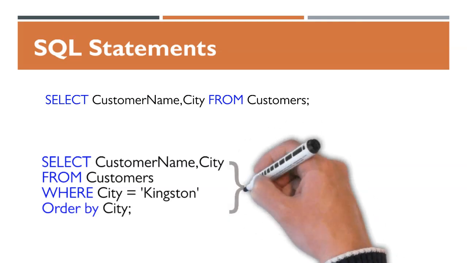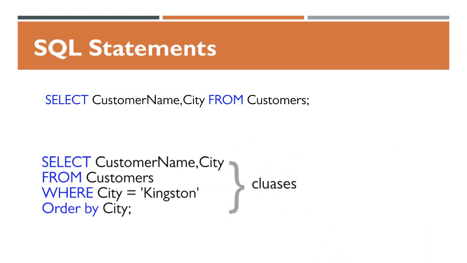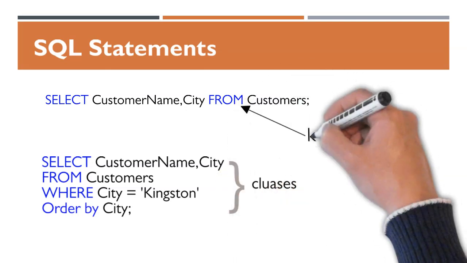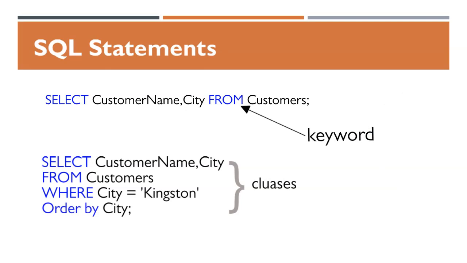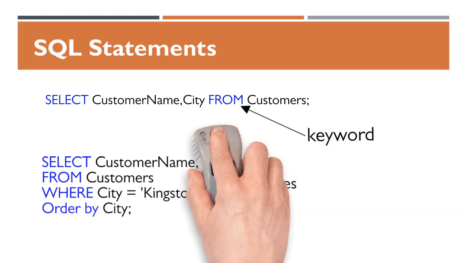A statement is made up of clauses. Don't worry too much about what this actual statement does right now. We'll see how to make clauses and statements later on in this course. Clauses are the basic components of statements, the smaller building blocks that make up the whole thing. These clauses are constructed out of various elements including keywords, which are special or reserved words that tell the database to take some action.